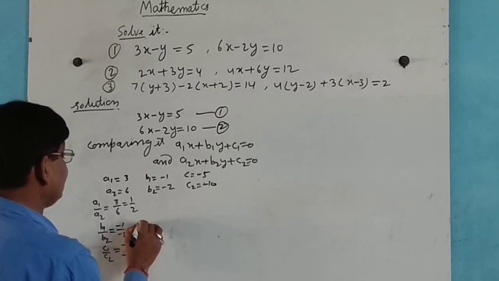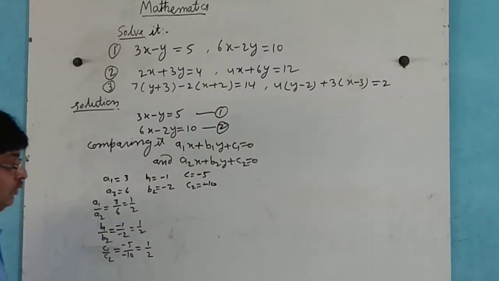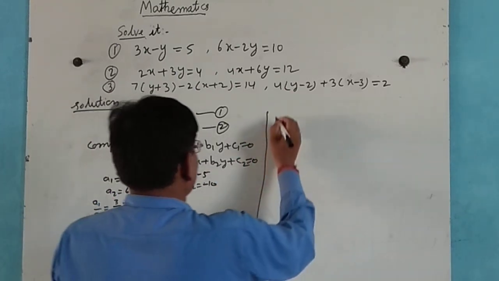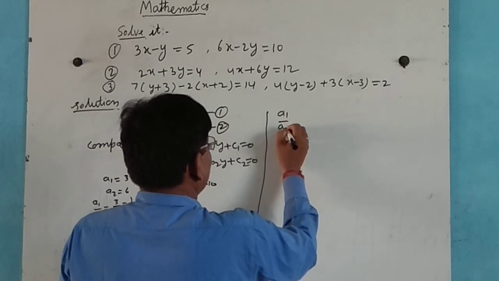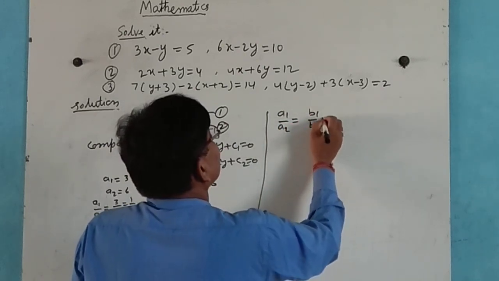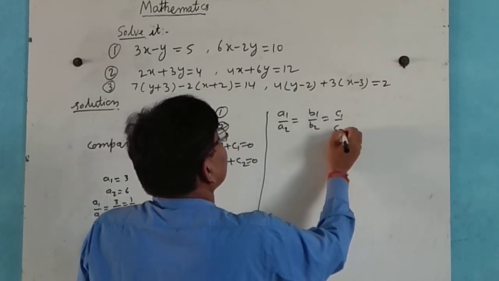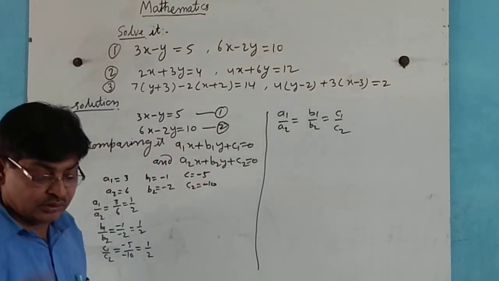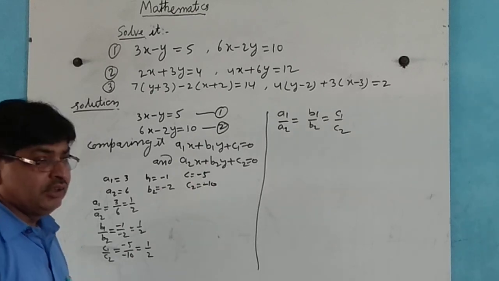It is also equal to 1 by 2. In this case, a1 by a2 equal to b1 by b2 equal to c1 by c2. This is the condition for infinite solutions.